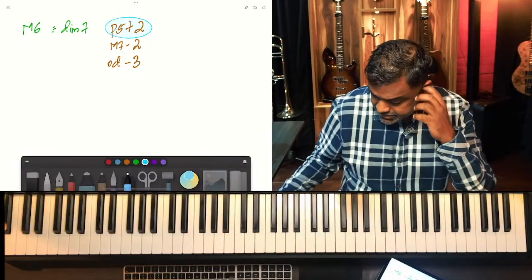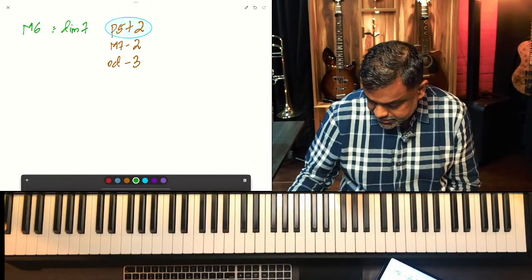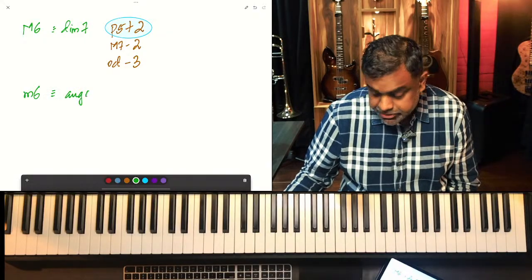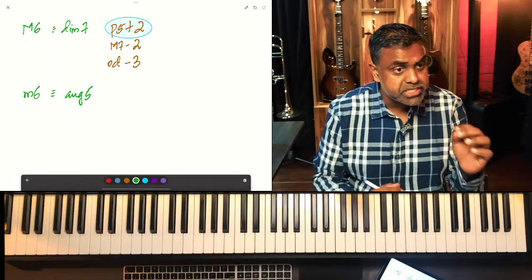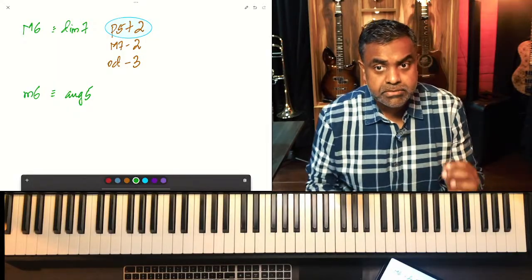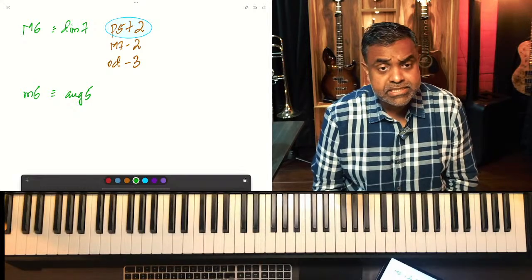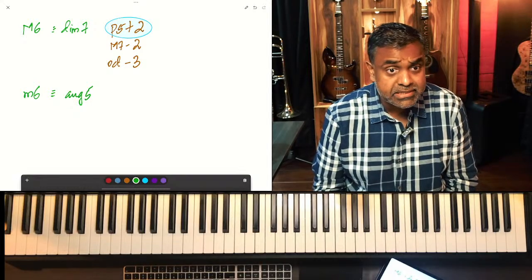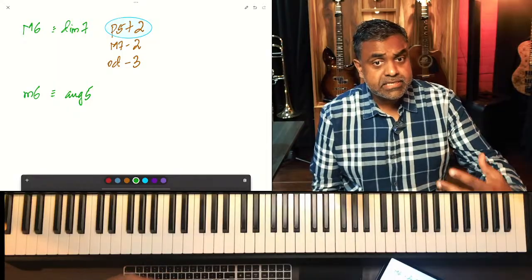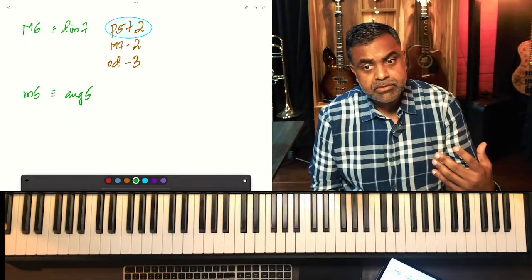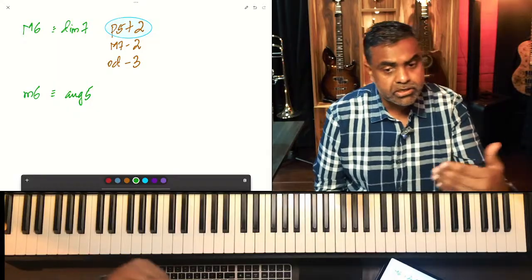And then the next thing under play will be minor sixth, which is also called augmented fifth. Depending on the use case, if you're on a minor scale, you call it minor sixth. If the scale does not have a perfect fifth, then it might have a diminished fifth or an augmented fifth.